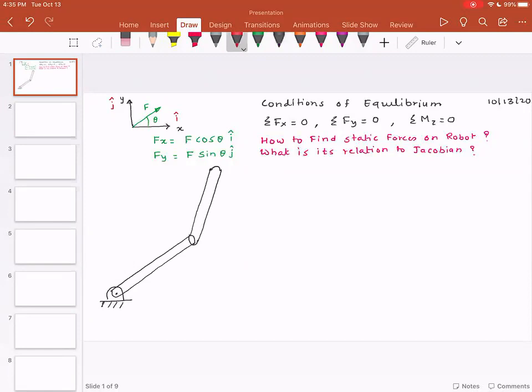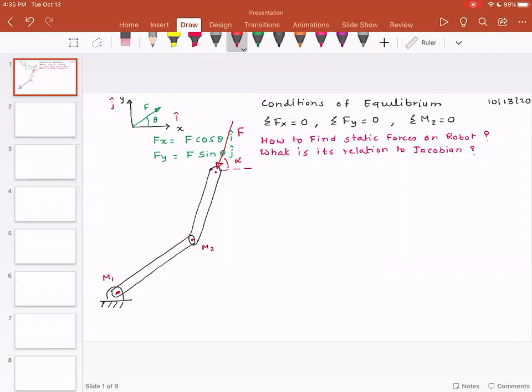And on this two-link robot, there is an external force, F, which is at angle theta, or say alpha. Now, what I want is, please understand, this robot has a motor here. There is a motor M1, there is a motor M2.